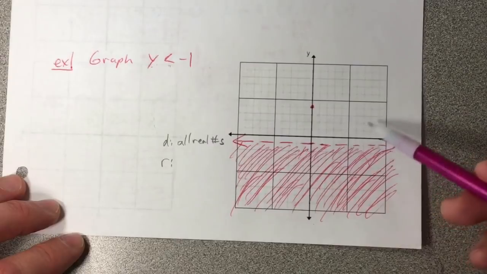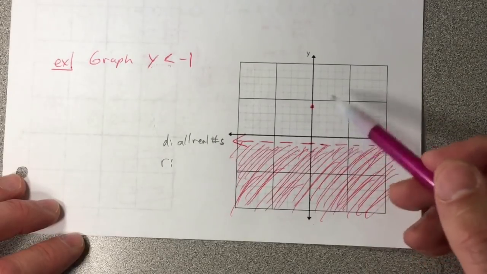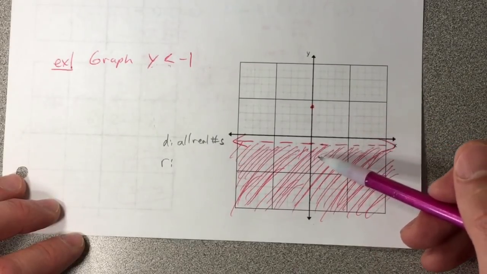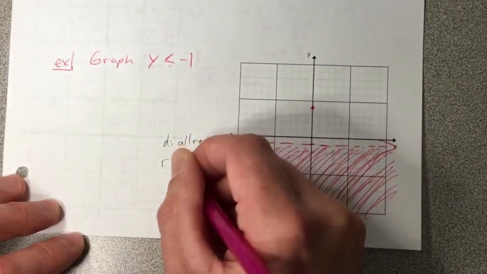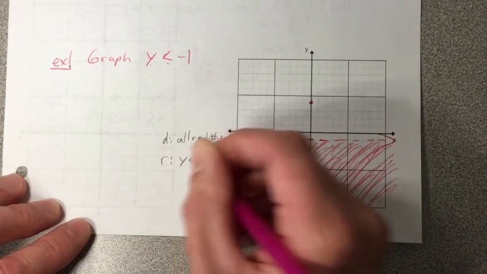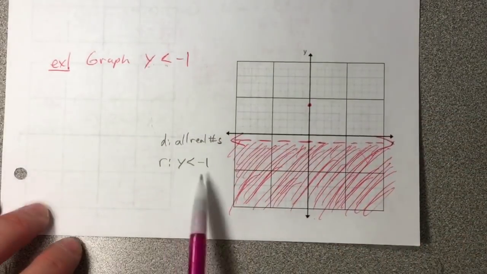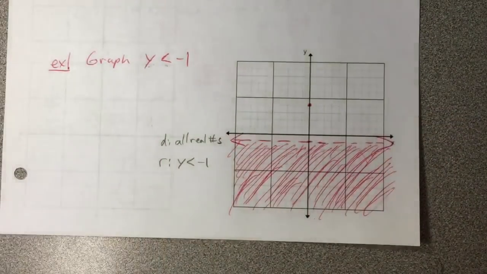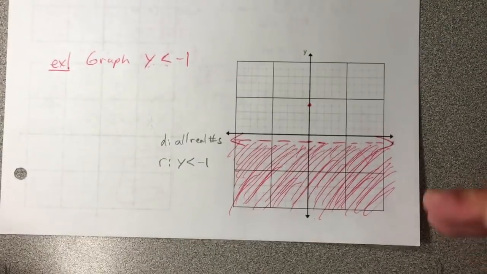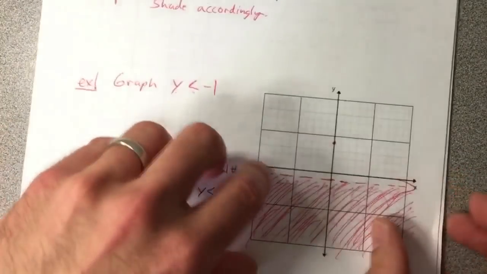We don't count anything like that. So what we can do is use an inequality to write this. Our range are y values that are less than -1, which is interestingly enough what we were asked to graph, which is kind of cool. All right, let's turn the page. 3 more examples here, and then we'll be set.